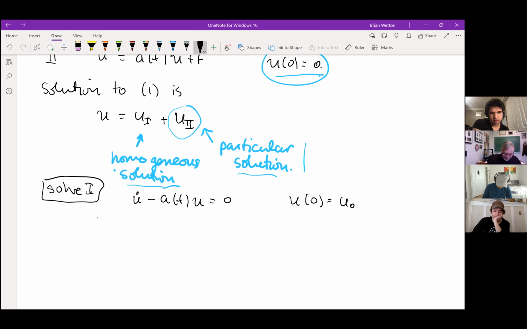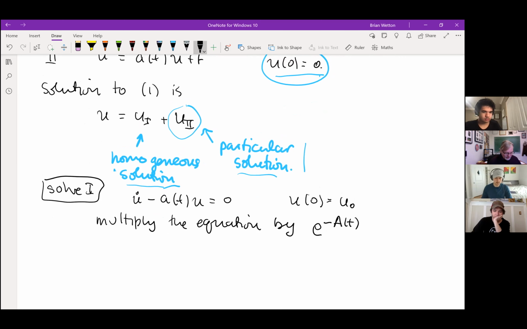I'm going to multiply the equation by e to the minus A of t, where that capital A of t is the antiderivative of a.